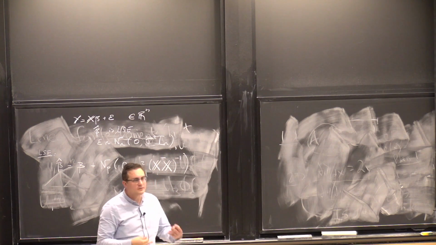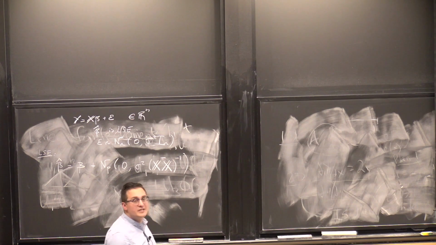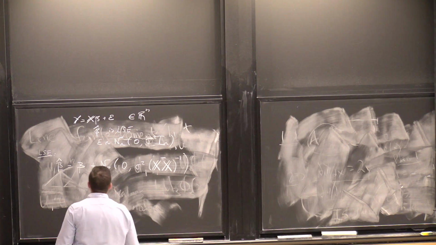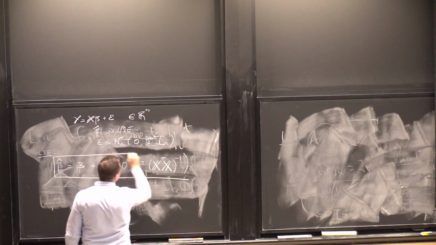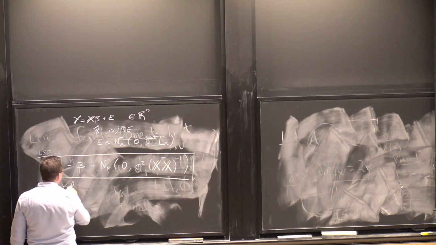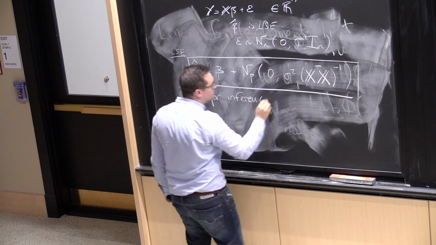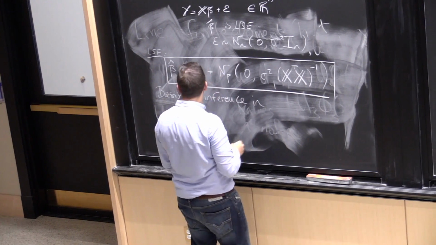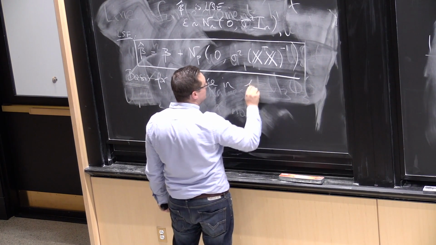The way we derived that was by having a cancellation between x transpose x and x transpose x inverse. So this is the basis for inference in linear regression.